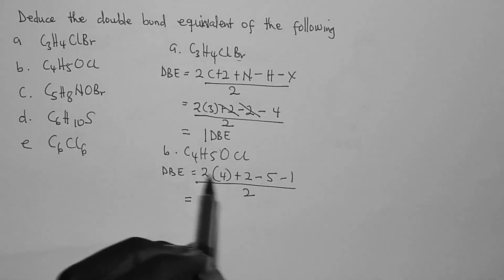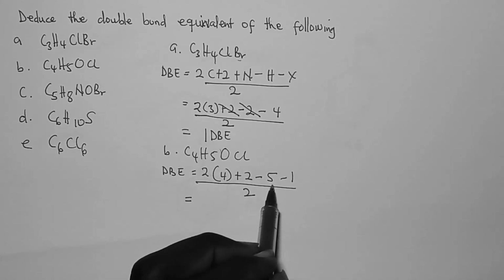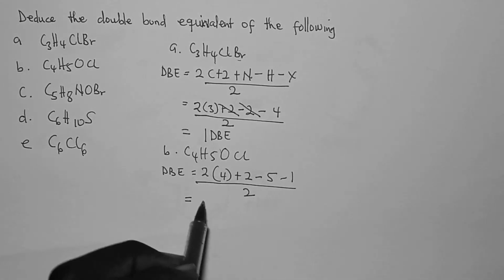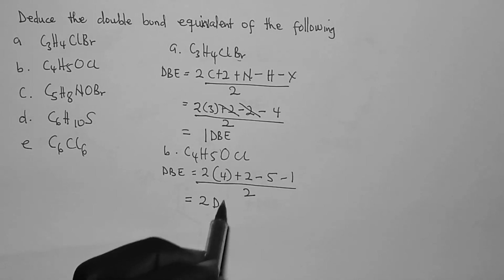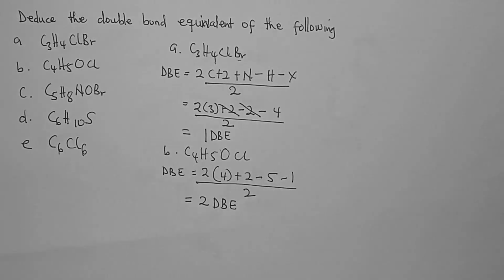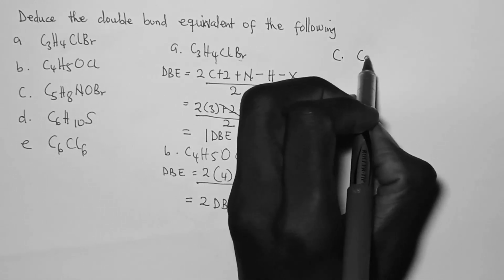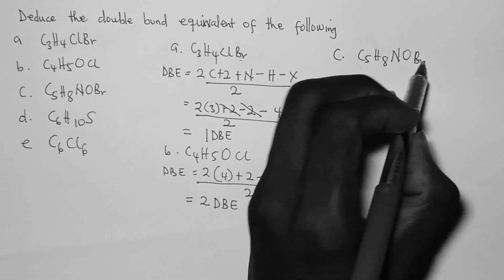This is equal to 2 times 4 is 8. 8 plus 2 is 10. 10 minus 5 is 5. 5 minus 1 is 4. 4 divided by 2 is 2. And therefore, this has a double bond equivalence of 2. And then C. C is C5H8NOBr.